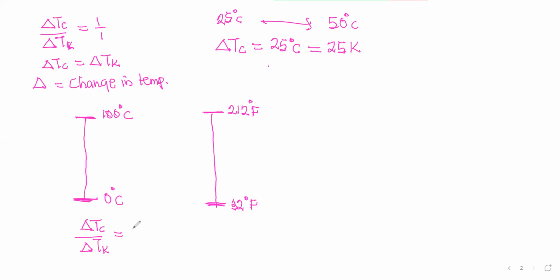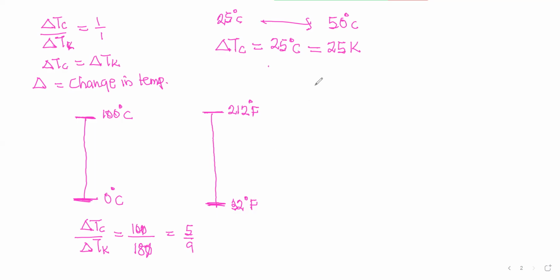The numerator will be 100 minus 0, divided by the denominator 180, 212 minus 32. So this is equal to 5 over 9 when it is Celsius to Kelvin. It will be 9 on 5 when it is Kelvin to Celsius. So please note that.